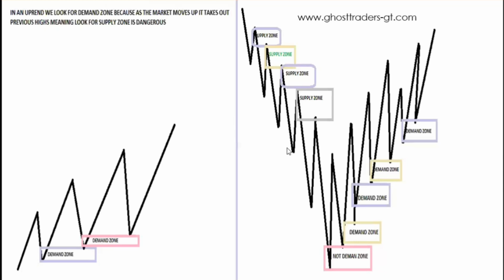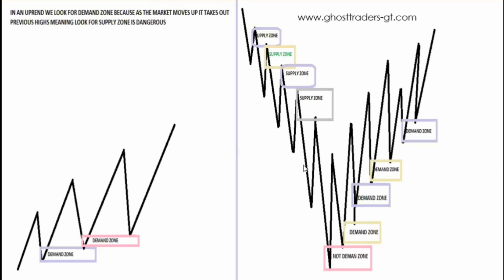Imagine you put your demand here. What's going to happen? The market will come back and take it out. Why? Because it's in a downtrend. So when you see a downtrend, don't think about demand zones. You need to be looking for your supply zones because the trend is down.